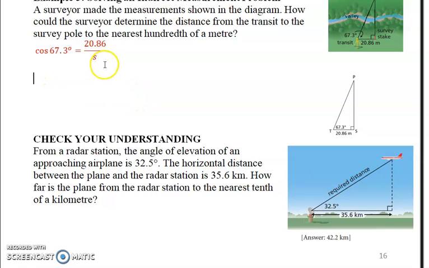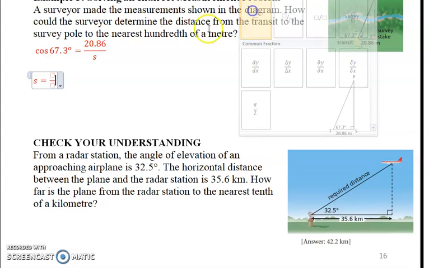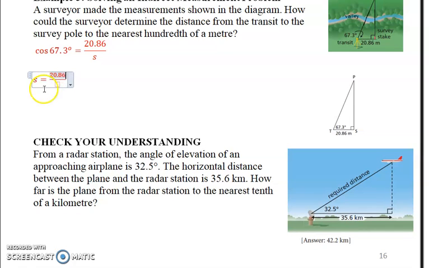So now we're going to solve. I'm not going to solve this one again, you know how to do it. Remember, you multiply both sides by S, divide both sides by the cos, and you end up with S equals, we'll need a fraction, and 20.86, that has not changed.